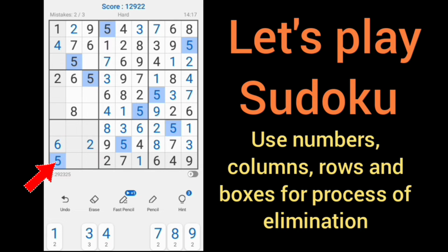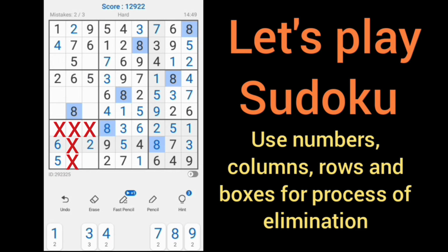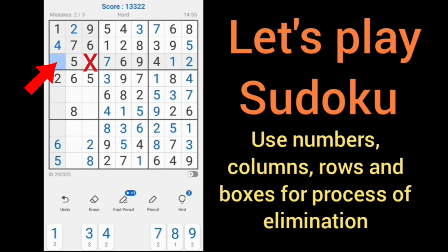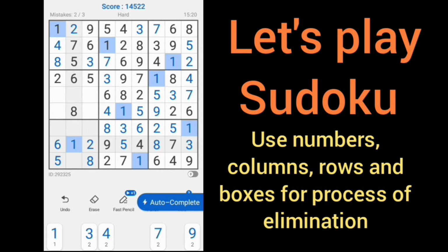Okay, so that takes care of the 5. 8 has to be here. That's the only spot it can be. That means this 8 is right here. That means the 3 has got to be right here, I believe. Well, this is going to be 1 by default, because we're going across.